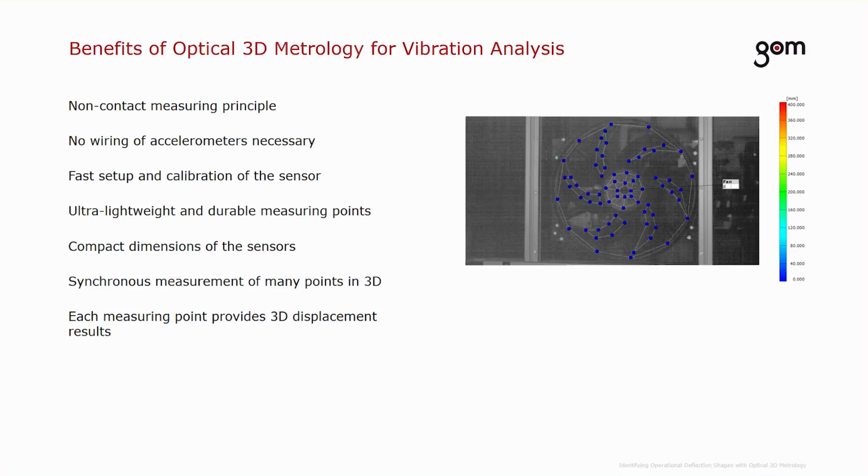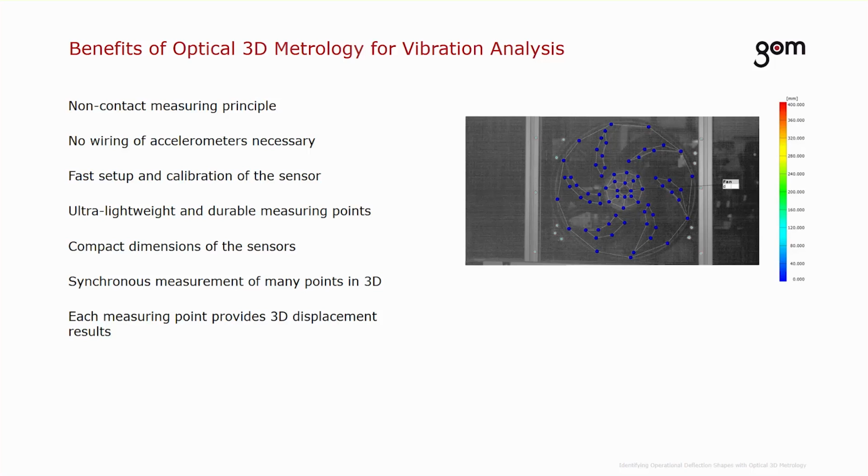Also good for the handling and the operation for the test engineer itself are the compact dimensions of the sensors. So you have seen in the video what the sensors look like to be able to measure in 3D based on points or based on pattern.